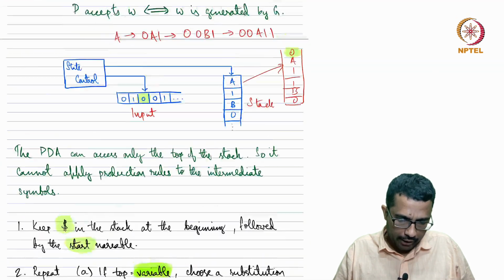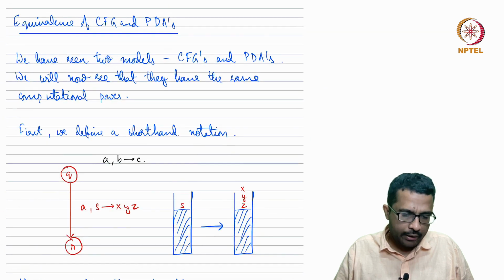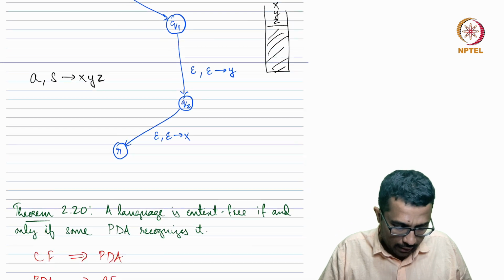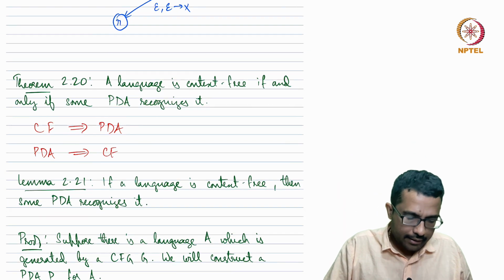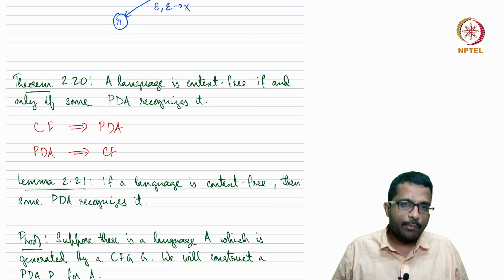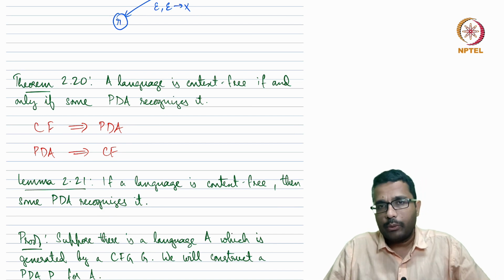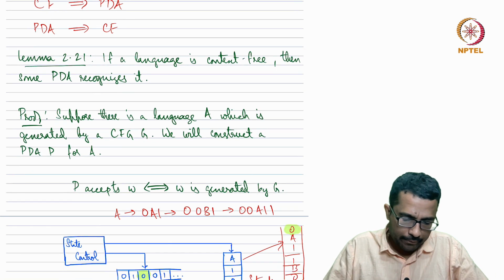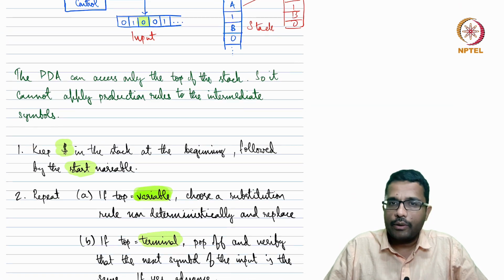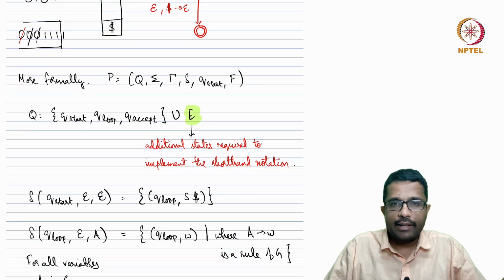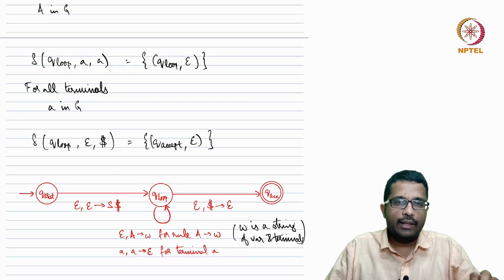So that's it. The goal was to show that context-free grammars and PDAs are equivalent, right? And that's theorem 2.20 here. The first part is to show that for anything that is context-free, there is an equivalent PDA, which is what we showed in this lecture. For a given grammar, we constructed an equivalent PDA.